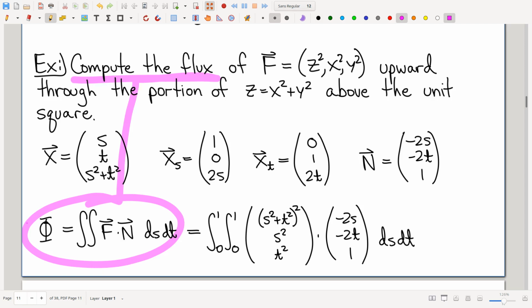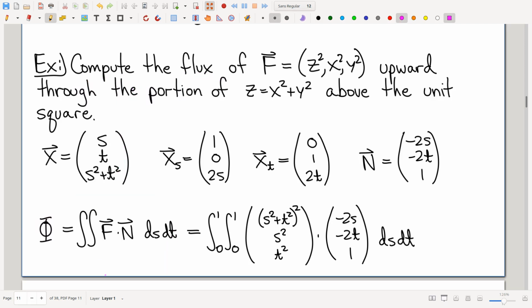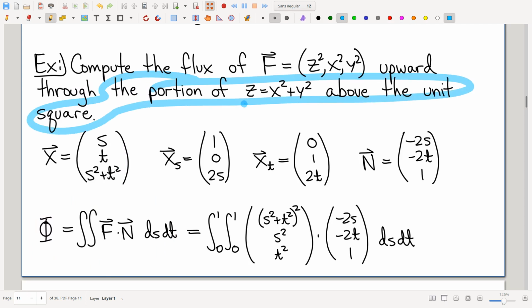In order to make sense of that, of course, I have to parameterize our surface. Our surface is part of this paraboloid. Flashbacks to chapter 2. We want not the whole paraboloid, obviously, but just the part that's sitting above the unit square.